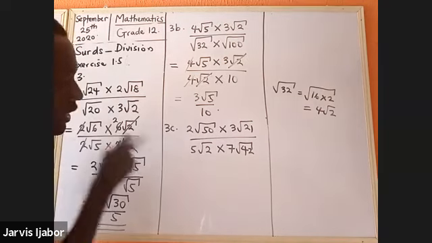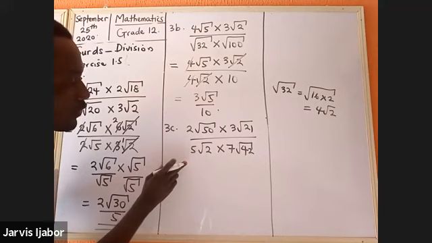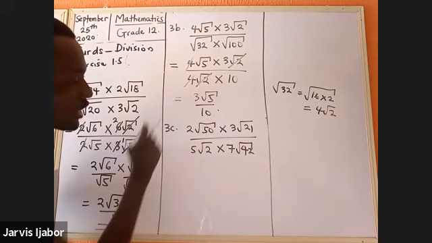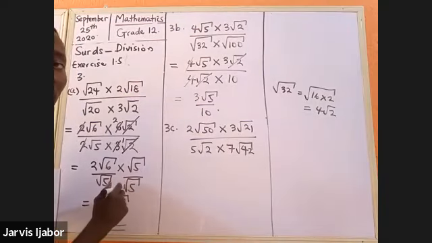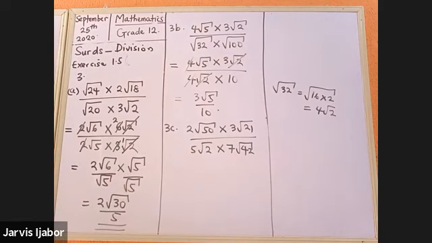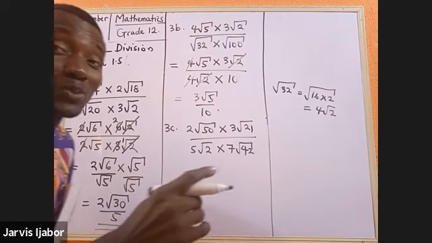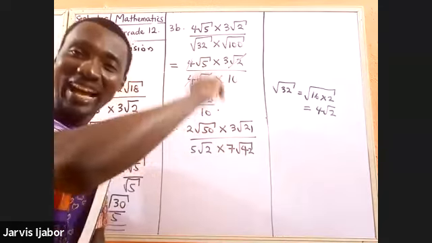Now look at this. If you divide 50 by 2, you get 25. So now I'm going to apply a previous knowledge we had gathered.